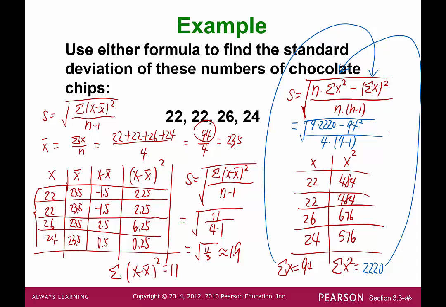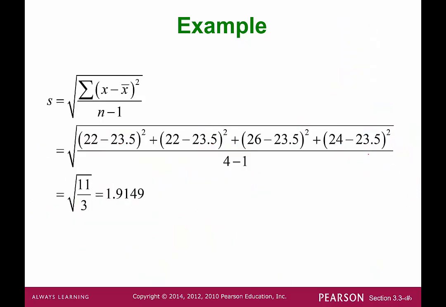If you simplify, you also end up with radical 11 over 3. This is exactly the same result. So it's totally up to you to see which one you prefer to use. But the second formula is a shortcut formula, and a lot less work to get to the standard deviation. And you can use it to confirm your answer.